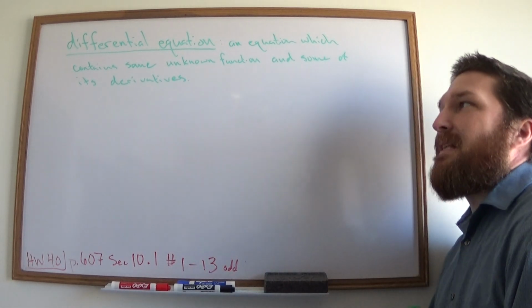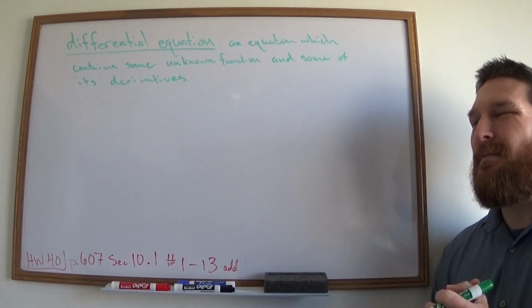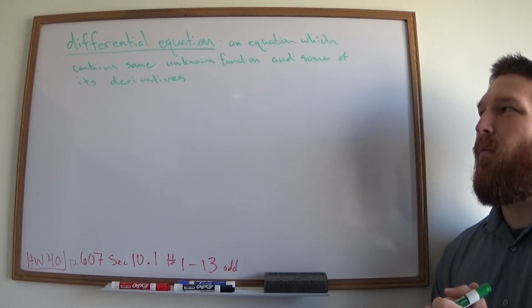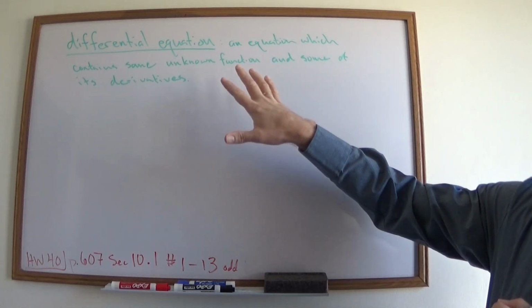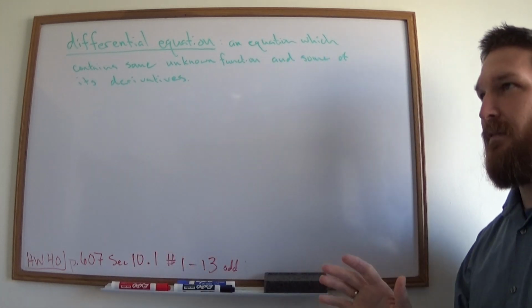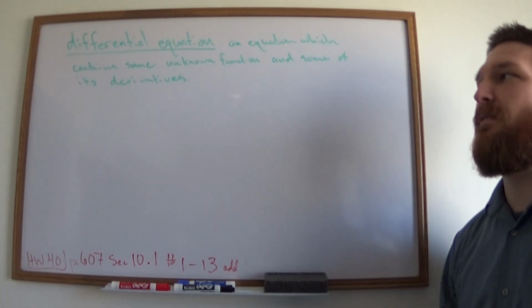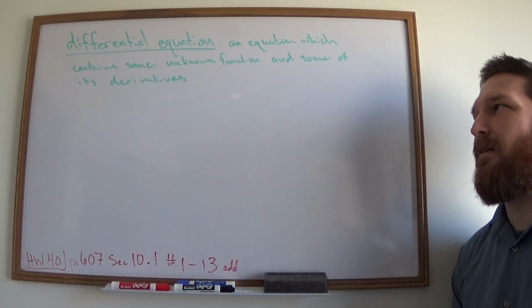And so that's still, I would say technically, certainly a differential equation. I don't know why they're saying it contains some unknown function. I would say rather, it's an equation involving the derivatives of some unknown function and possibly the function itself.